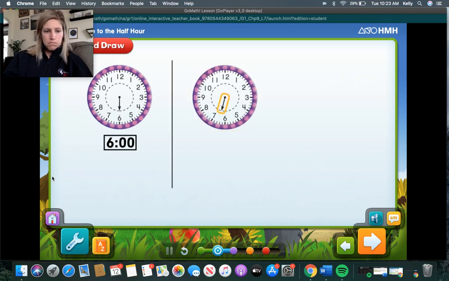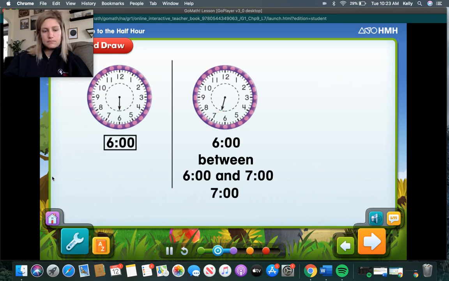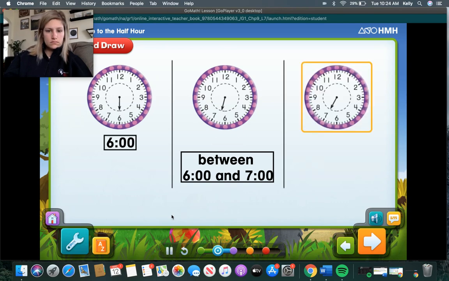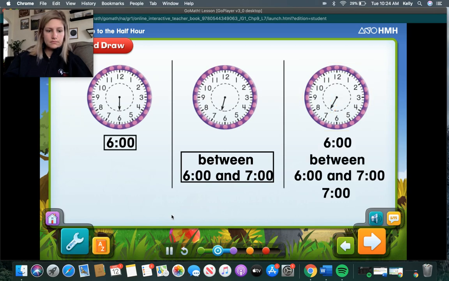Look at its hour hand. Which choice best describes the time shown on this clock? 6 o'clock, between 6 o'clock and 7 o'clock, or 7 o'clock? Click the time shown on the clock. The hour hand points between the 6 and the 7. So it's between 6 o'clock and 7 o'clock. Here's one more clock. Look at the hour hand. Which choice best describes the time shown? 6 o'clock, between 6 o'clock and 7 o'clock, or 7 o'clock?